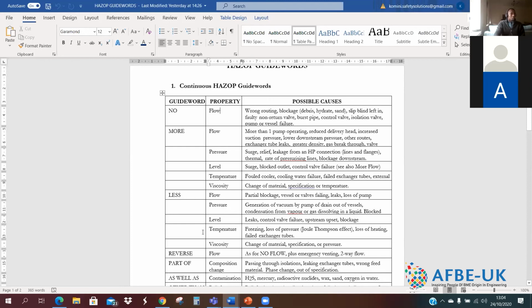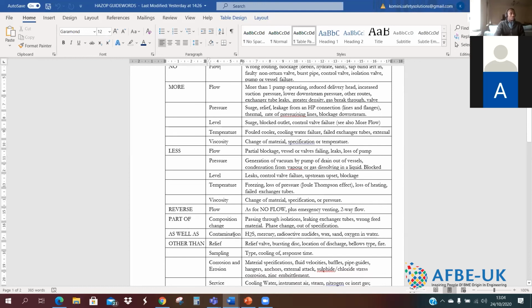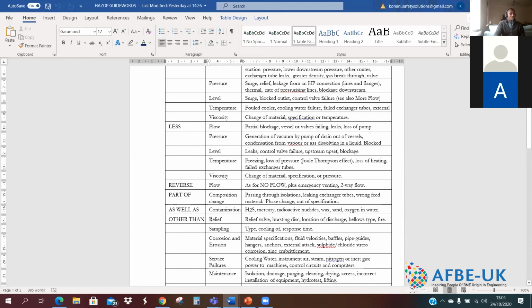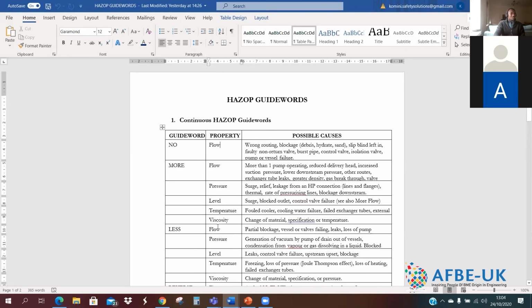Reverse flow, part of, or composition change. That's the other way to put that. As well as contamination, other than. So these are the typical continuous HAZOP guide words that you would have.